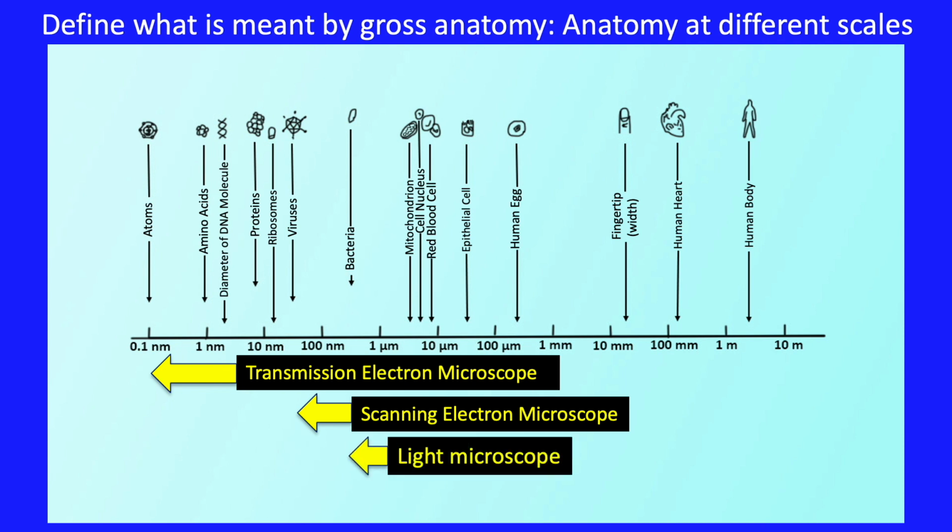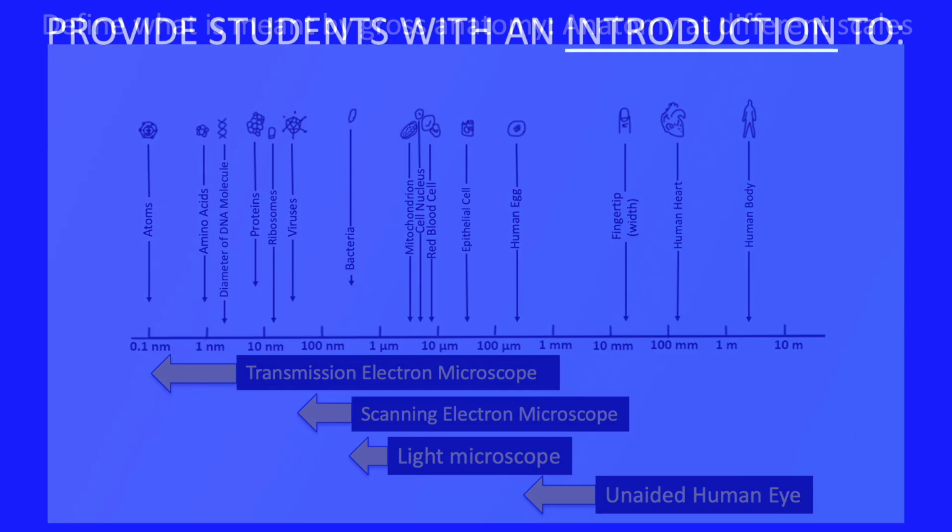However, if we do not need a microscope to see a structure, then that is the realm of gross anatomy. With an unaided eye, we can likely see a human egg and larger structures. Anything that can be seen with the naked eye is the subject for gross anatomy.